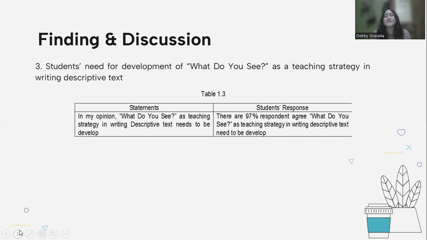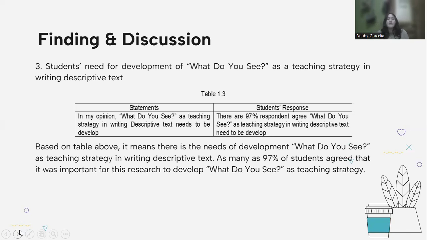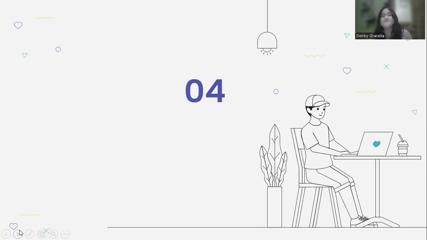And there are 97% of respondents who agree that What Do You See as a teaching strategy in writing descriptive text needs to be developed. Based on the table above, it means there is a need for development of What Do You See as a teaching strategy in writing descriptive text. As many as 97% of students agree that it was important for this research to develop What Do You See as a teaching strategy. Next is the conclusion.